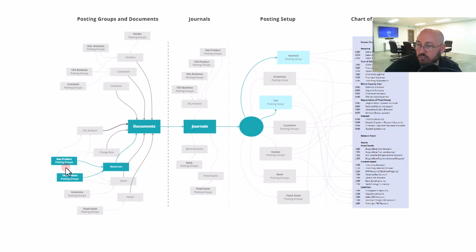And so let's start off with the general product posting group. We've got the general posting setup, and depending on what happens with the customer or vendor's general business posting group, the combination and matrix between the three will determine where this posts to as revenue or costs. Again, we've discovered this and discussed it multiple times in the last 5-6 videos.